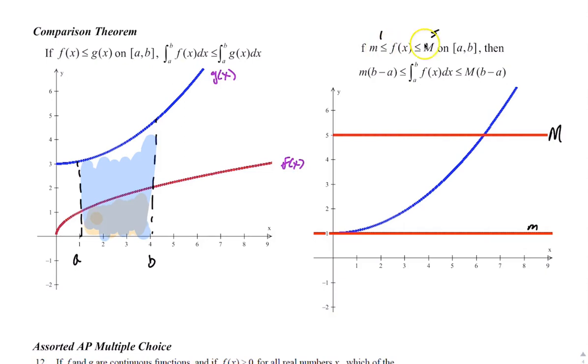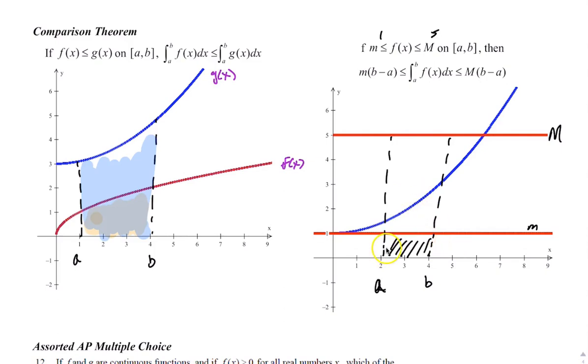Remember, the way you integrate it on a closed interval a to b. So let's say we go from 2 to 4. This is my b. All it's saying is, remember the way we integrate it is you just multiply by the difference of the limits. If I integrate this m, that means I'll find the area underneath that m, which is a rectangle.